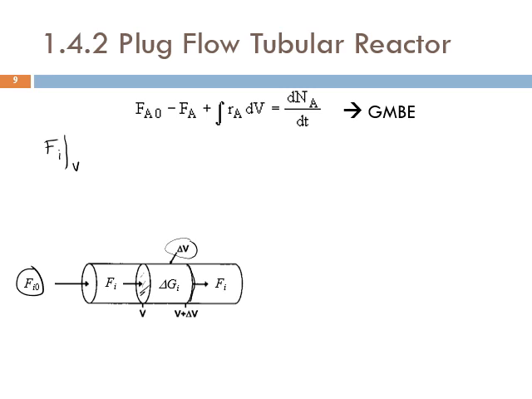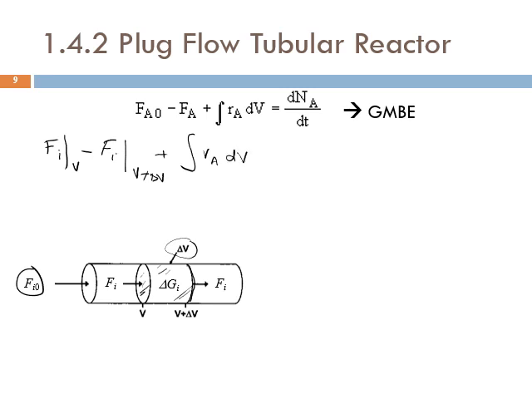That's the input. What about the output? The output is also Fi, however evaluated at V plus delta V, correct? Okay, input minus output plus generation. What's the generation? The number of moles generated per unit volume. Here, we learned that the generation can be found from the integral of RA times dV.